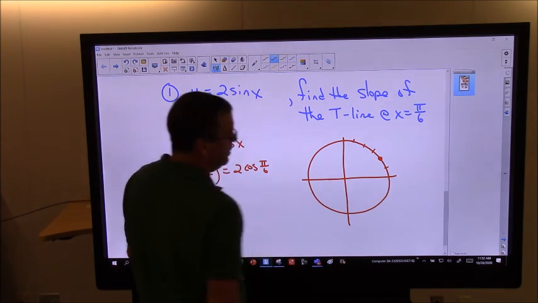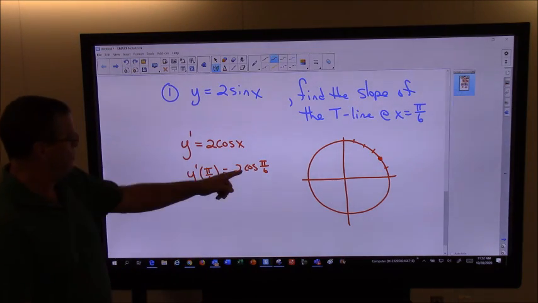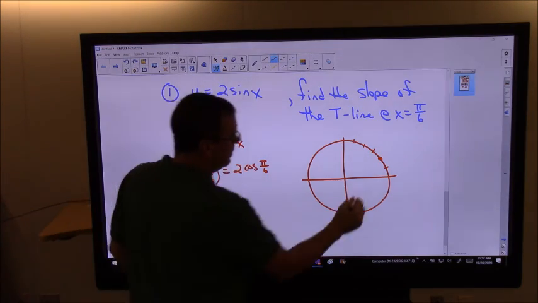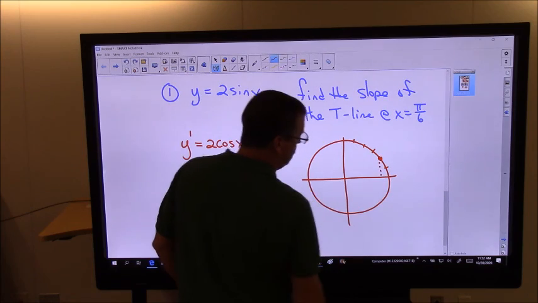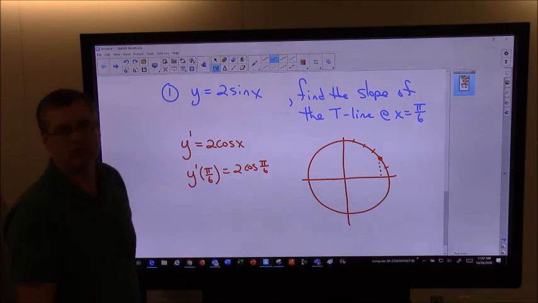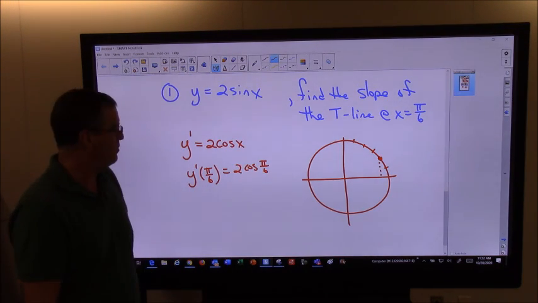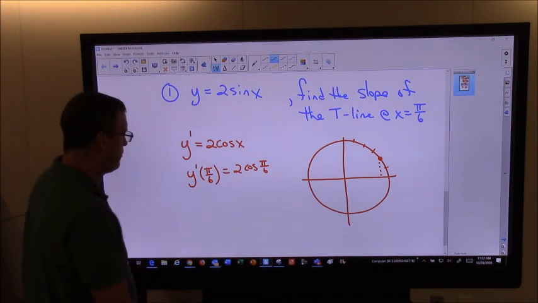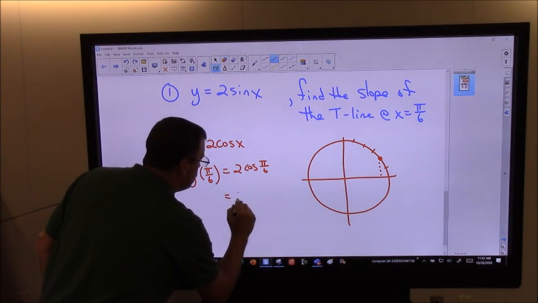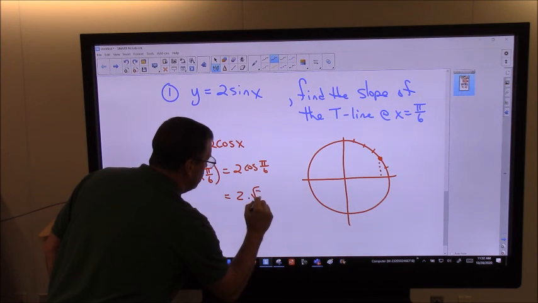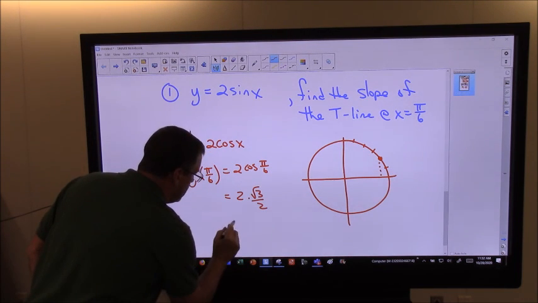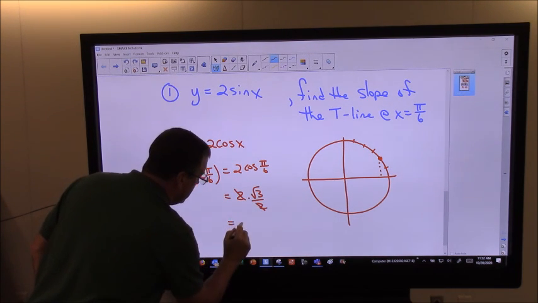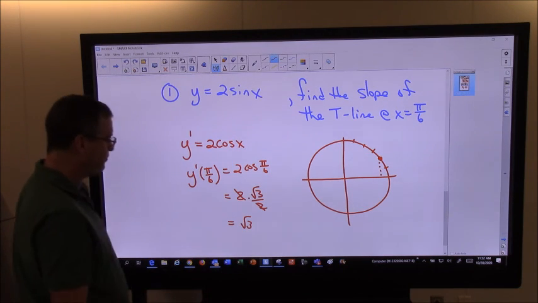Pi over 6 is right there, right? What's the cosine? That's the x-coordinate. That would be that value right there. That does not look like the halfway point, so it must be root 3 over 2. So 2 times root 3 over 2. The 2's cancel, and I get the square root of 3.